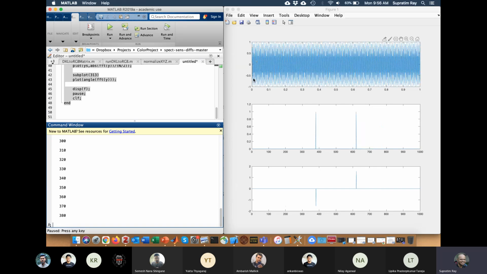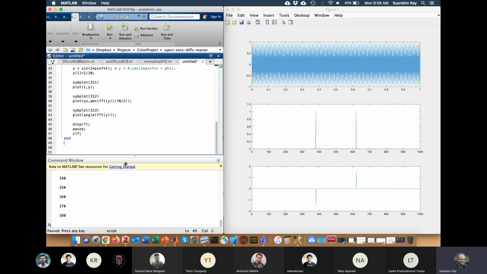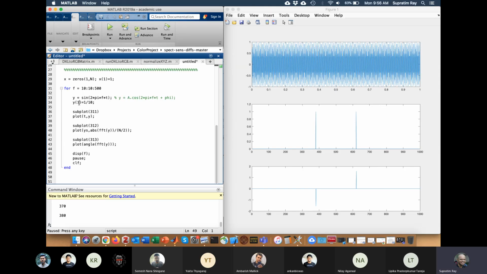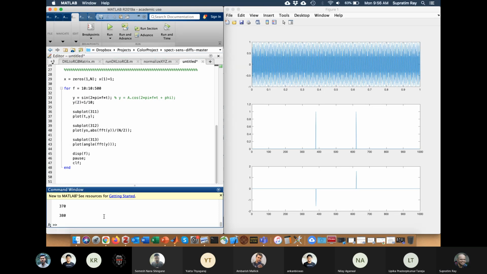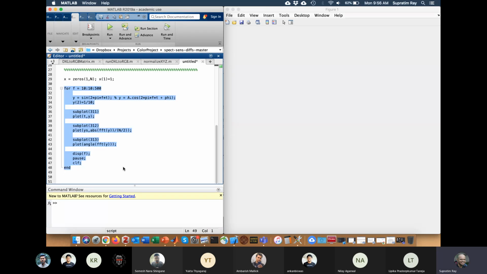Okay, the sinusoid is looking quite similar as before. Now let me put this one at a different position, let's say 2, and run this.